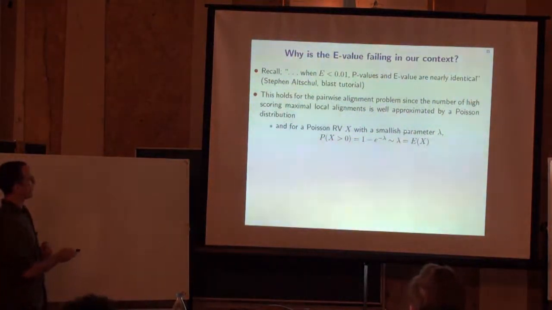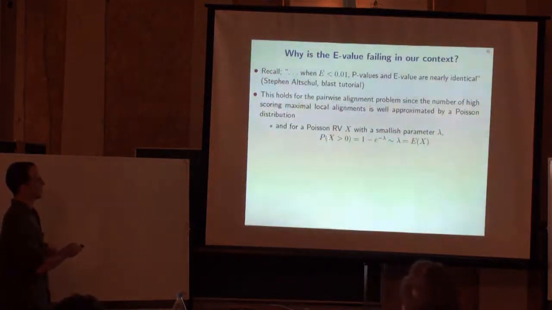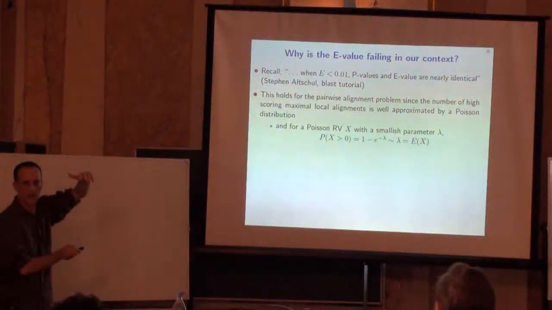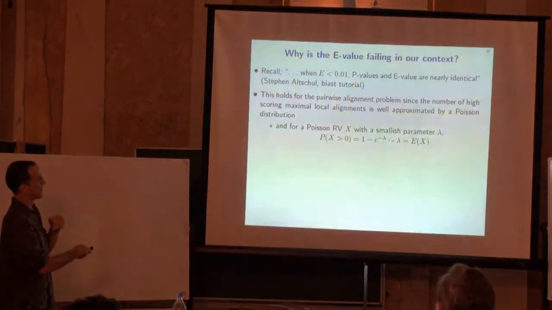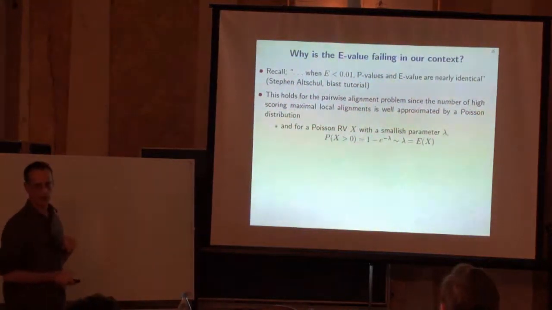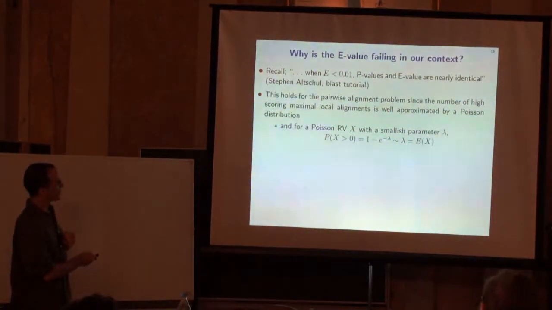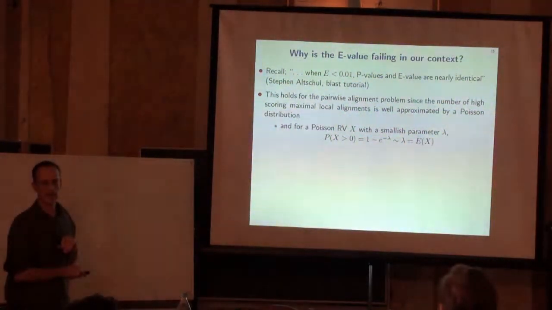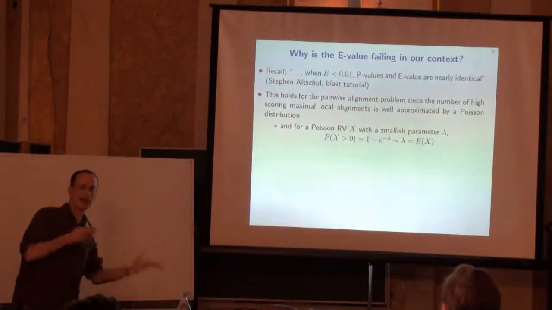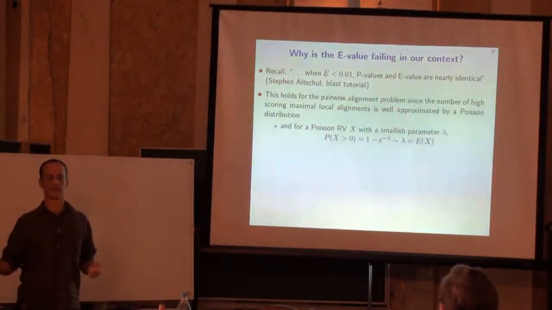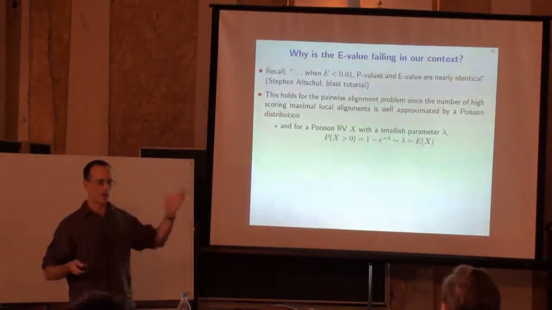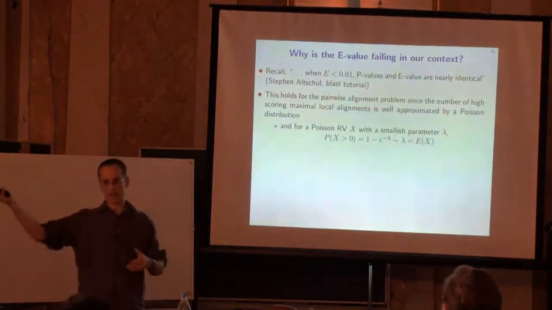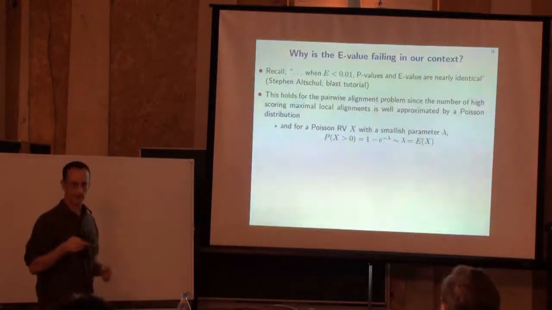In the case of a Poisson distribution, the probability that you'll observe at least one, that's the p-value, is given by 1 minus e to the minus lambda, where lambda is the parameter of the Poisson. For small lambda, that's approximately the same as lambda, and lambda, of course, is the expected number. So yes, when lambda is small, for the pairwise alignment problem, the p-value and e-value are about the same.